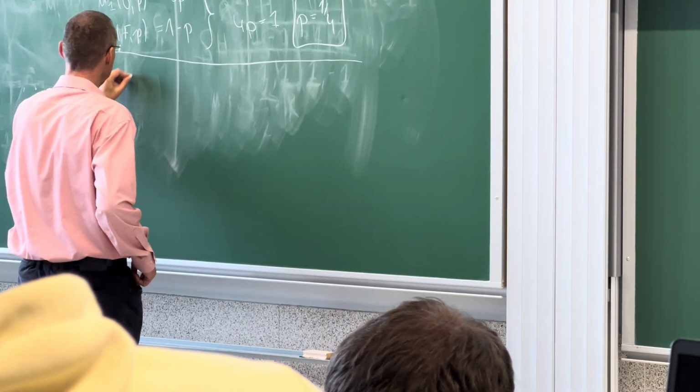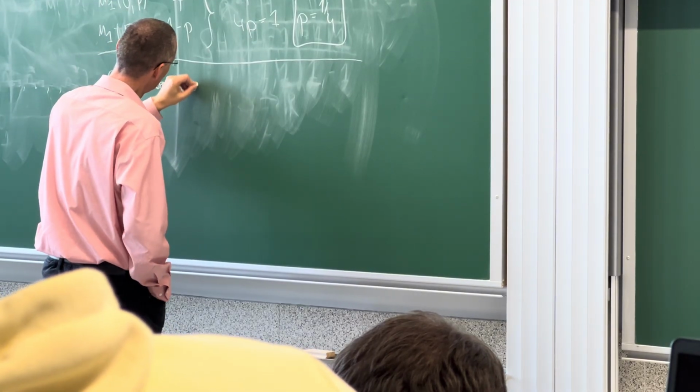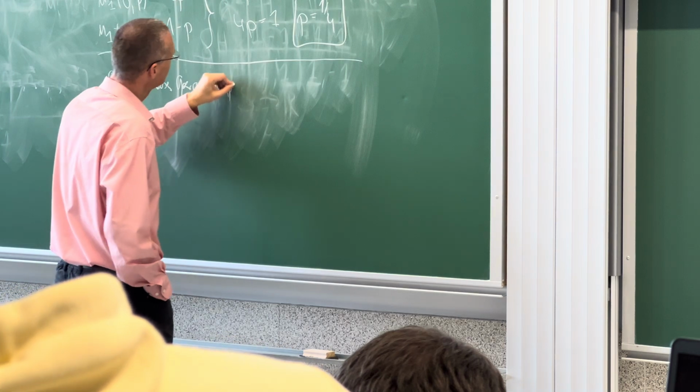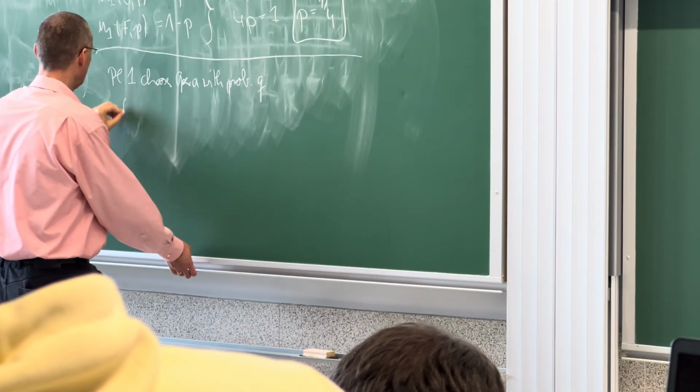Player 1 chooses opera with probability Q to make player 2 indifferent. What's the payoff of player 2?